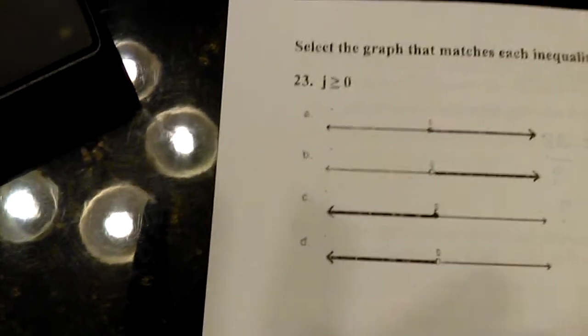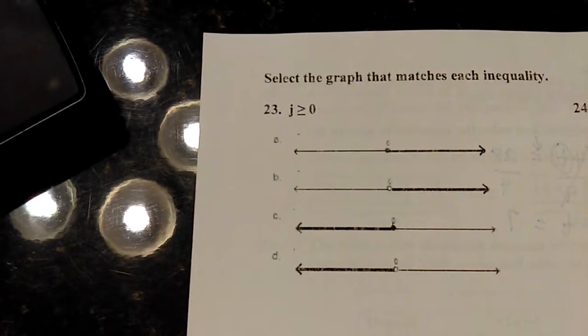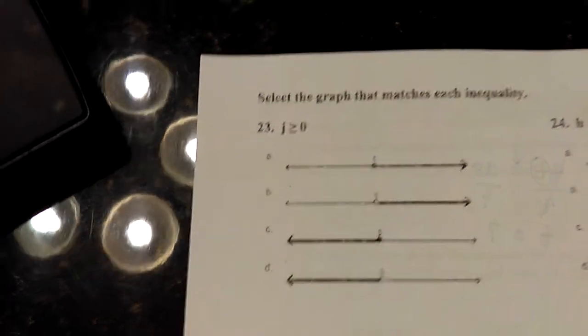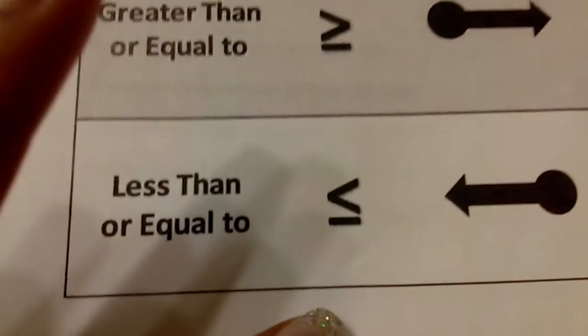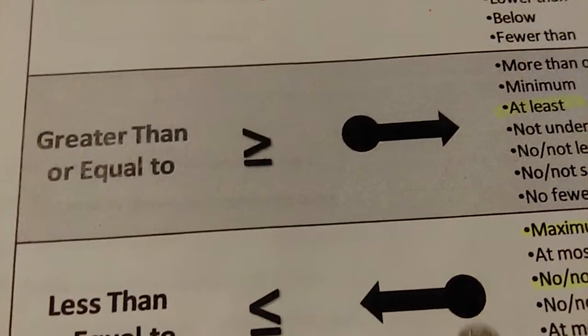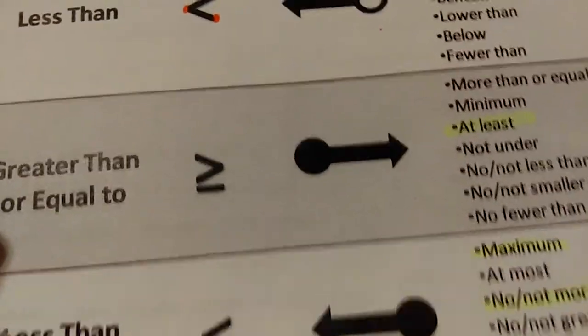So j is greater than or equal to 0. That means a closed circle. Remember our notes: when it has the line there that tells us it's equal to, that means that our circles are closed. See that?